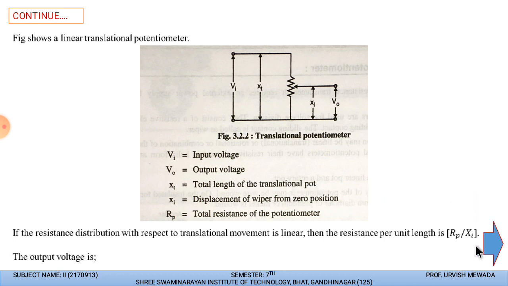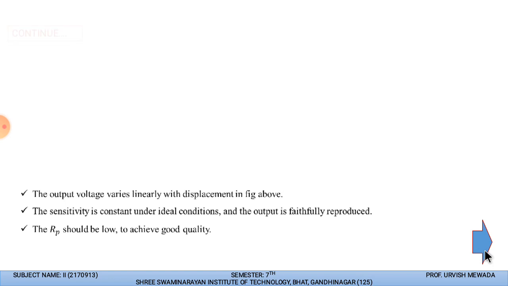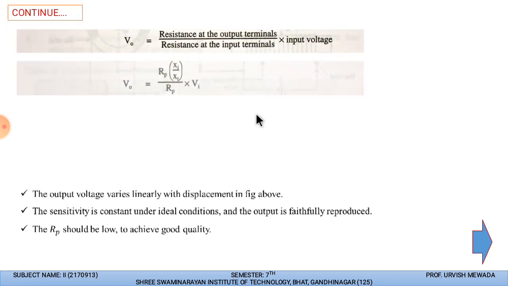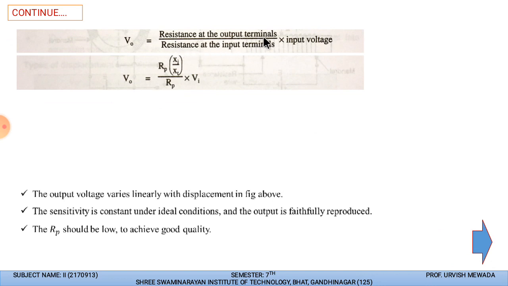So let us discuss the output voltage from this. V output is the resistance at the output terminals upon the resistance at the input terminal, into the input voltage.